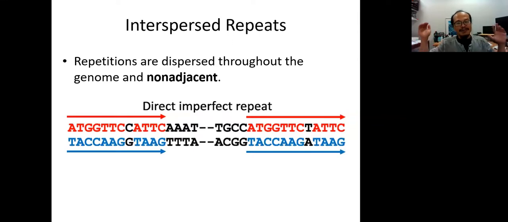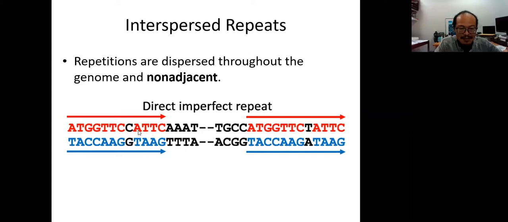By comparison, we get the idea that they are supposed to be the same, but over time one code changed. For example, here we have ATGGTTC, ATGGTTC. So that basically is a repeat.